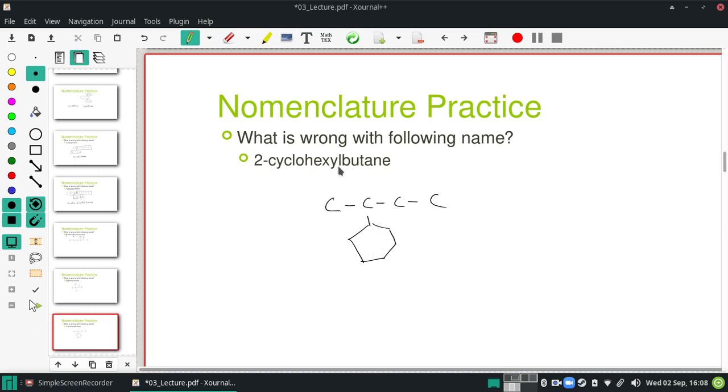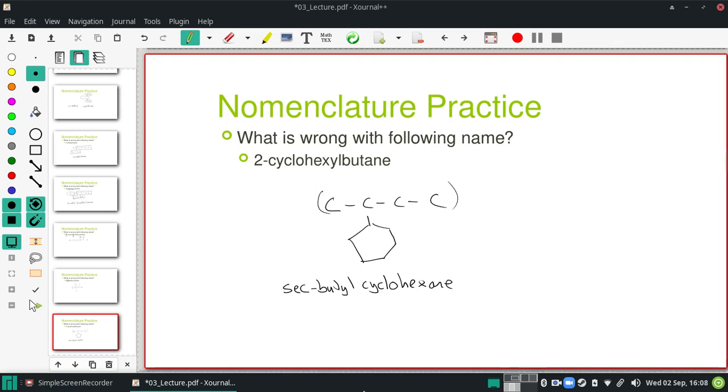Yeah, what's wrong is the cyclohexyl is actually a longer chain, and even though this is a complex substituent, we could actually say sec-butyl, because that's what that complex substituent is, sec-butylcyclohexane. No number because it's one substituent.